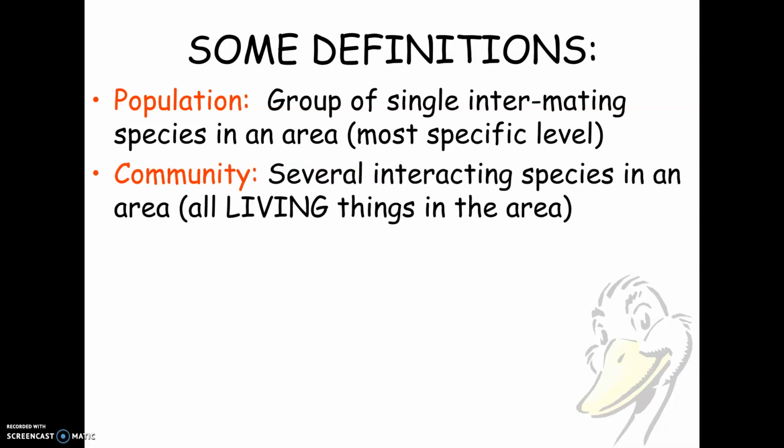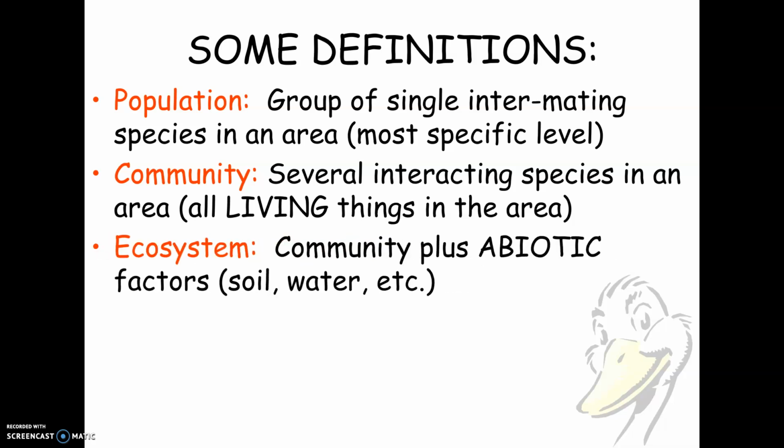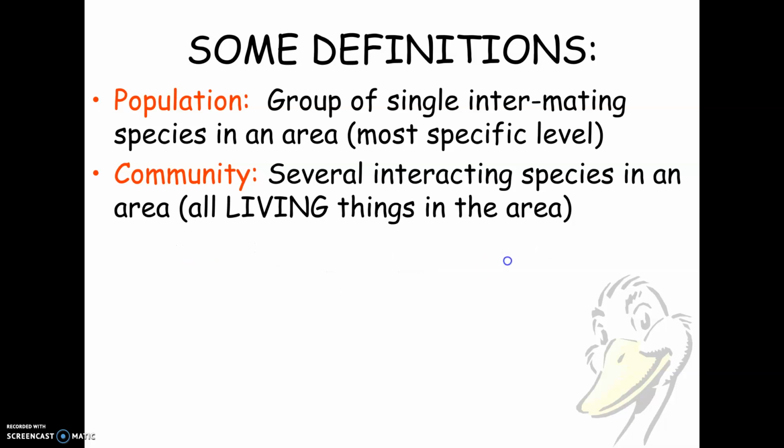A community would be all the living things in the area, just the living things. So this would include, if it was a pond community, the perch and the ducks and the grass and the fungi, all the living things in the area. An ecosystem is the community plus the abiotic factors.